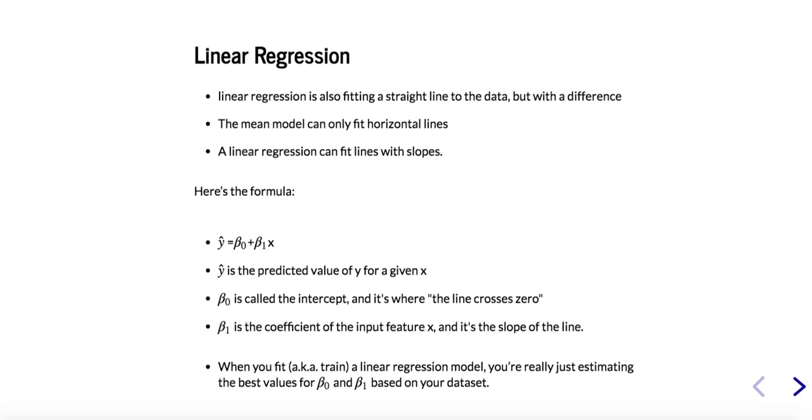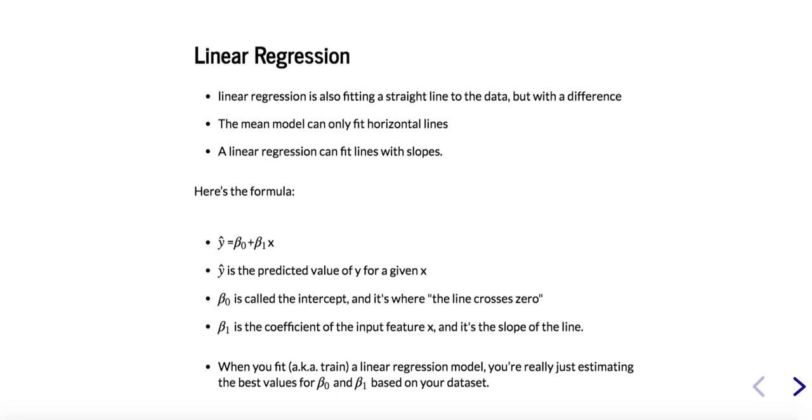Y hat is the predicted value of y for a given x, and beta 0 is called the intercept, meaning wherever the line cuts the y-axis when x is 0. That is very important for identifying the best line that fits our data. And beta 1 is the coefficient of the input feature x, and it is the slope of the line. So we have two coefficients: beta 0 is the intercept and beta 1 represents the slope of the line.